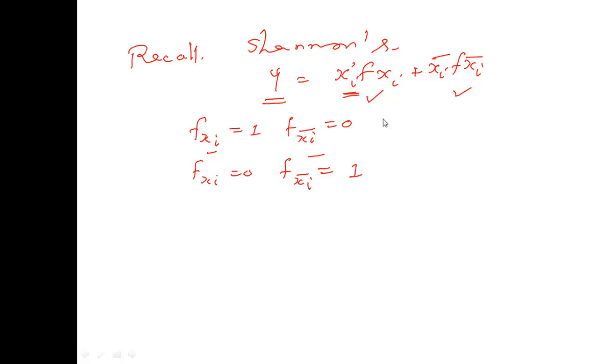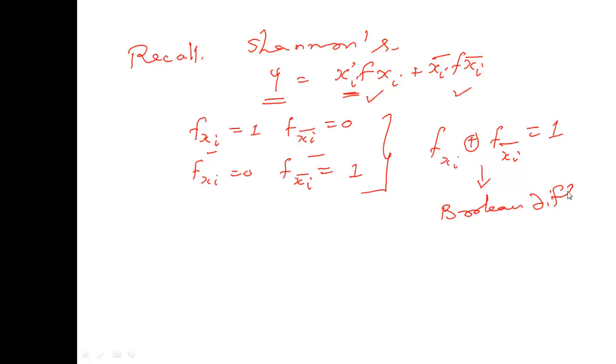That means I can combine this as f of xi XORed with f of xi bar being 1. This is what I am going to call the Boolean difference, dy by dxi, the difference function for each of the inputs we have.